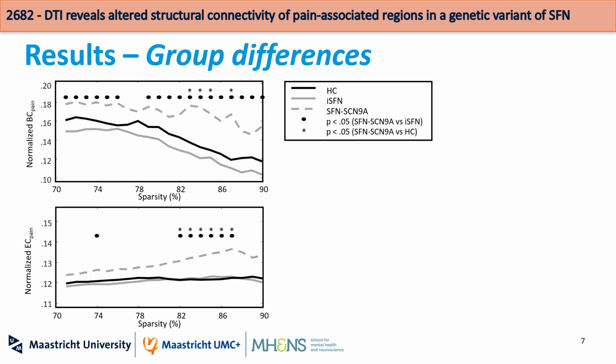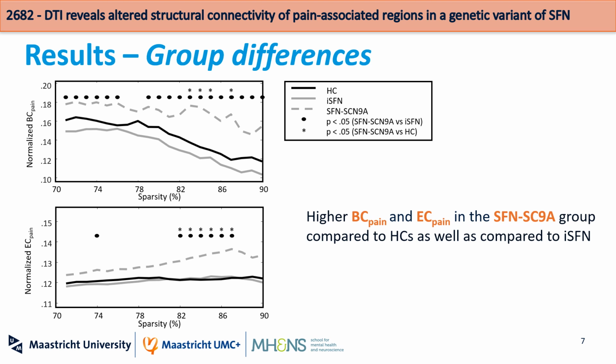So what we found was that a higher betweenness centrality, so higher nodal importance of the pain-associated regions, was found for the genetic group compared to controls, and also for the genetic group compared to the idiopathic group. So it appears that for the genetic group, these regions have an increased nodal importance.